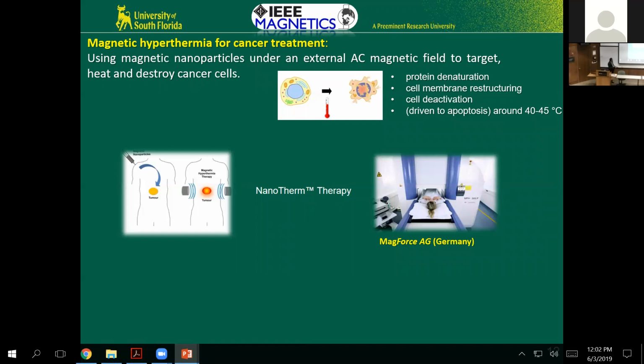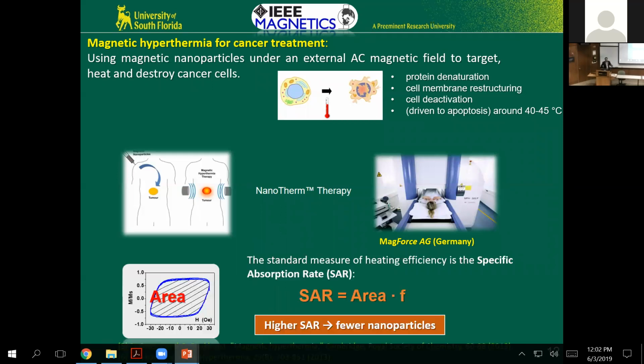Okay, now the way it works is simple here. As I said, you take these nanoparticles and switch from a DC field to an AC magnetic field, a large amplitude, high frequency magnetic field, and that's how we generate heat. Let's look at the basic principle of how this happens, okay? The reason I spent a lot of time talking to you about anisotropy and hysteresis is because this is what we're going to use to generate heat: hysteresis loops.